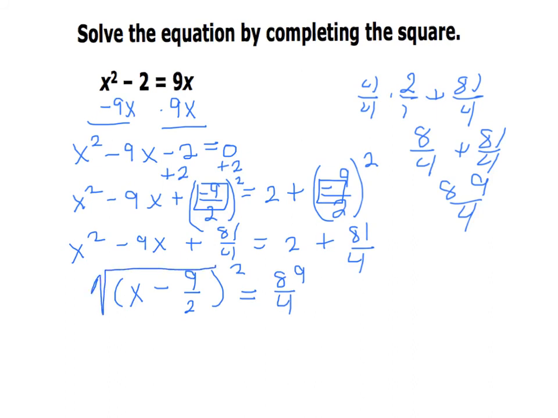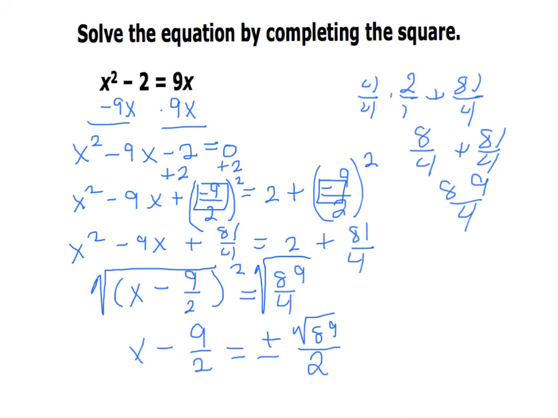Alright, so taking the square root of both sides, that will give us x minus 9 over 2 equals plus or minus the square root of 89 over, and the square root of 4 is 2. So I'm going to go ahead and simplify that as I go.